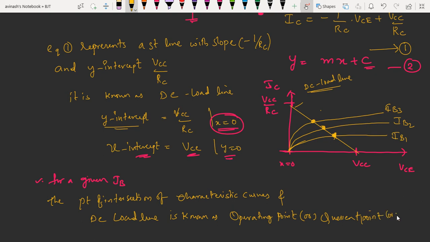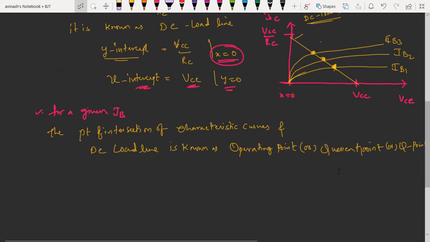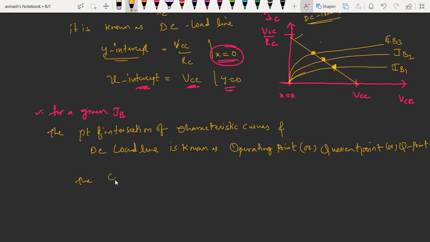Or Q point. Okay, the coordinates of the operating point are the DC values of VCE and IC.